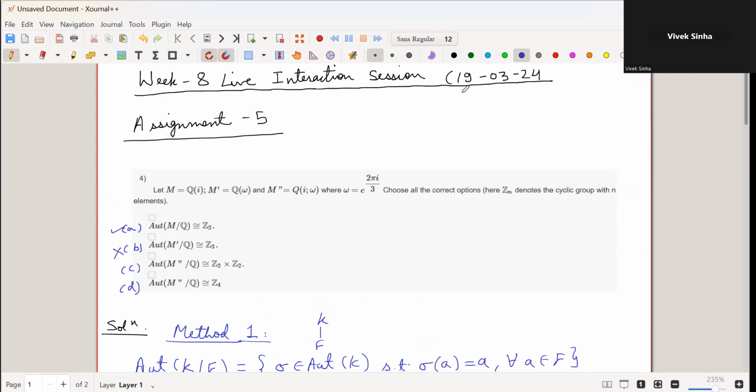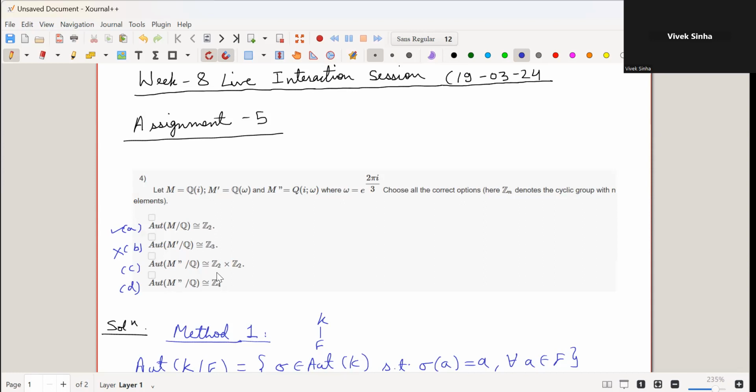Now what about M double dash over Q? Let's see. One thing is clear: in both options, it says that the order of M double dash over Q is 4. So the second method won't help because it just gives you the order. If you get that its order is not equal to 4, then you can discard both options and say the first option is correct.